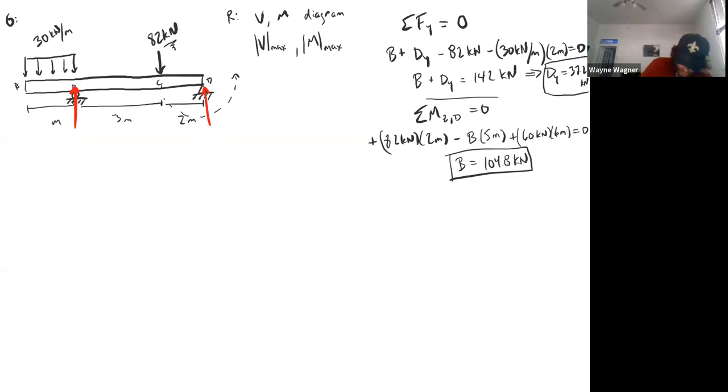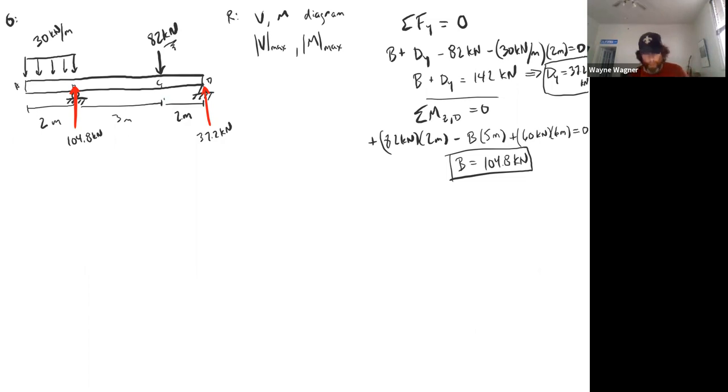So the B is going to be 104.8 kilonewtons, and the dy is 37.2 kilonewtons. Actually I did forget to erase this one, because that's just added noise at this point. Okay, so this is 2 meters.